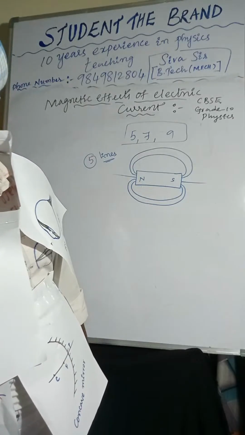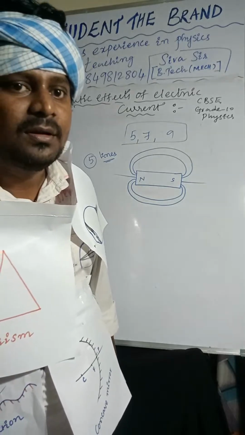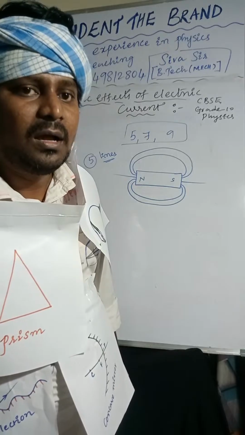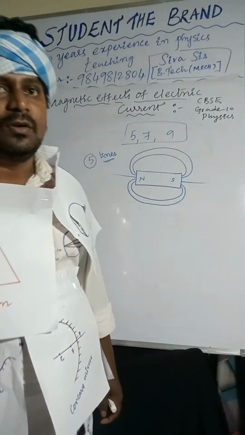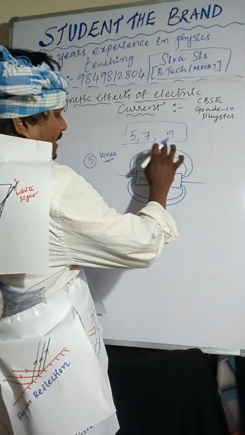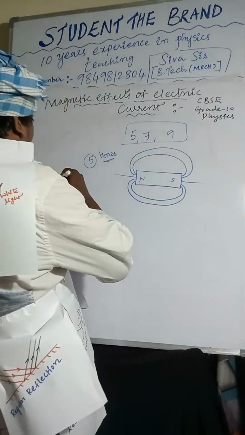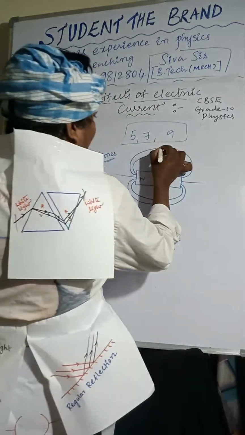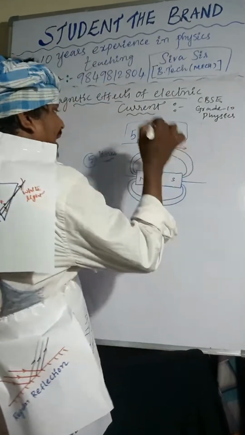Yes, that is correct, Shakib, very good. So at any point, if you draw a tangent to the magnetic field line, and draw the tangent along this direction, that is the direction of the magnetic field at that point.